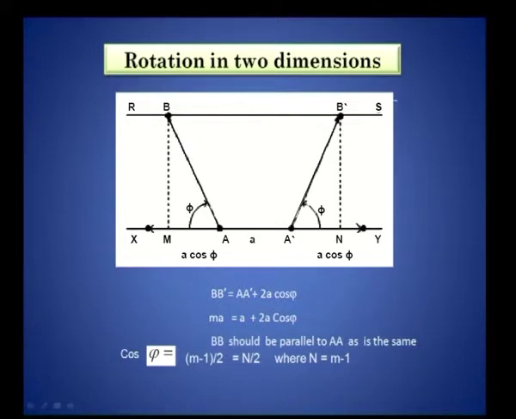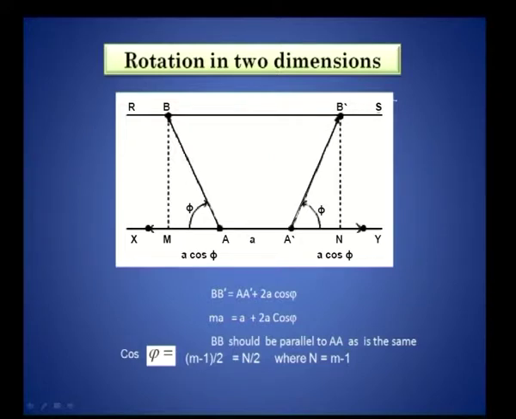So, what is the magnitude of B B prime? That is A prime plus A n plus A m. What is A n? This is A n, and this is A. It is the horizontal component of A B prime. What is the horizontal component of A B prime? That is A cos phi. So, A prime n will be A cos phi.